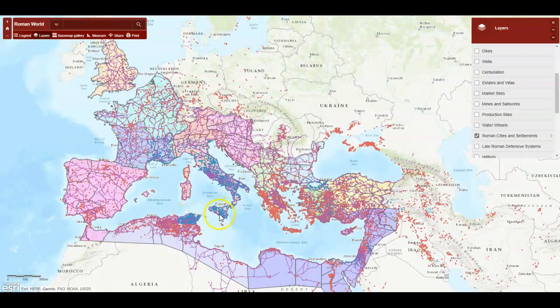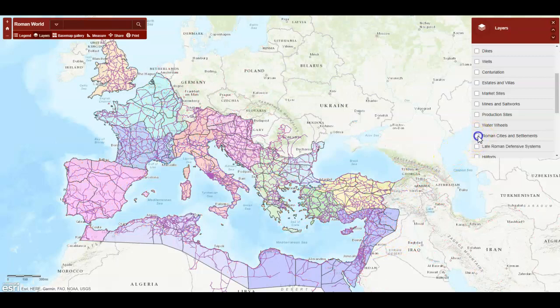All of these blue dots that just appeared are some of our major cities within the Roman Empire. So you can see that the cities are mainly located geographically close to Rome, which is right here, the city of Rome as a major urban center. And as we get further out into the edges of the Roman Empire, we see fewer cities and more settlements or colonies.